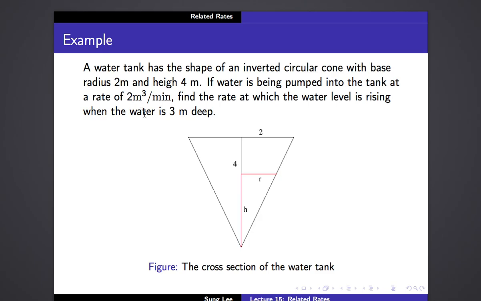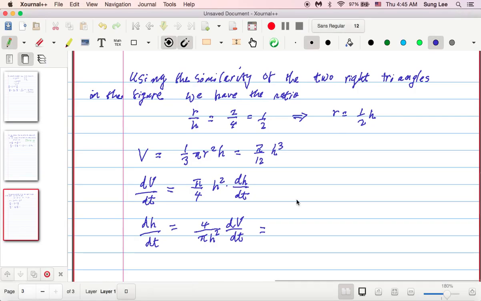So we have 4 over pi times 3 squared, times dV dt which is 2. Altogether, that's going to be 8 over 9 pi.